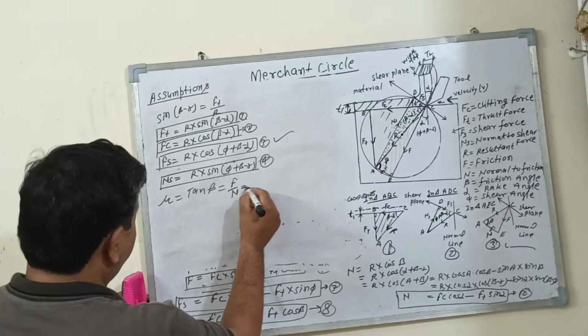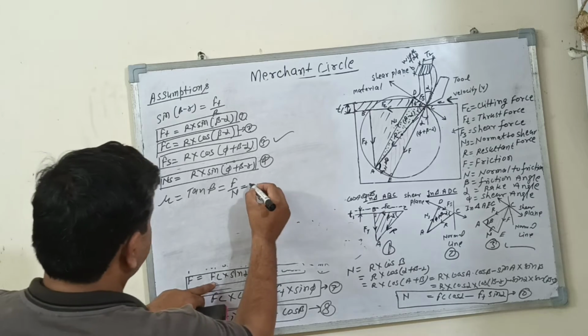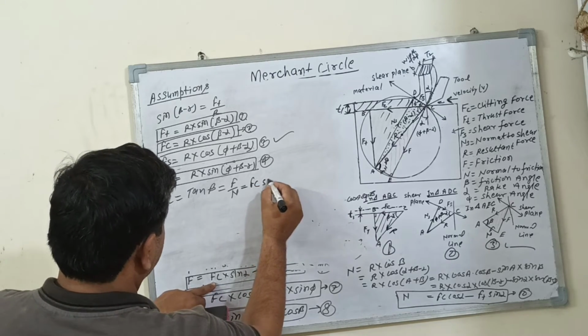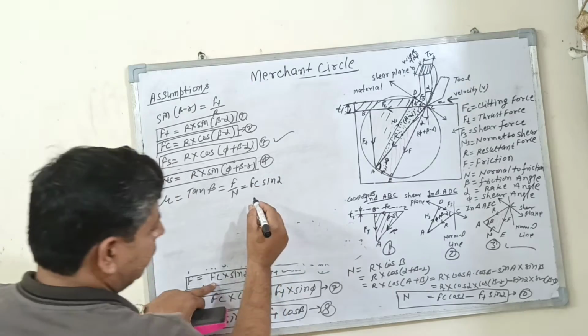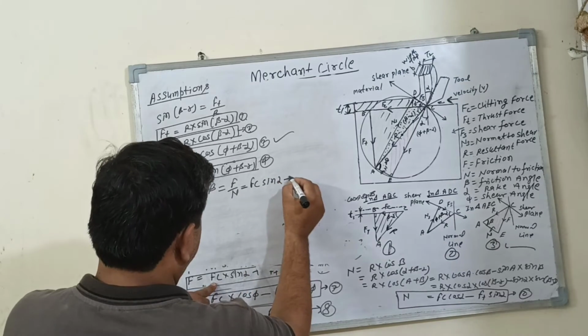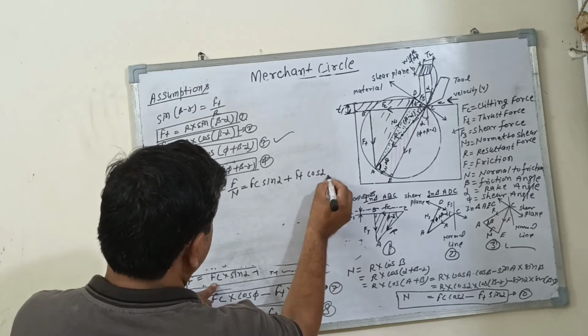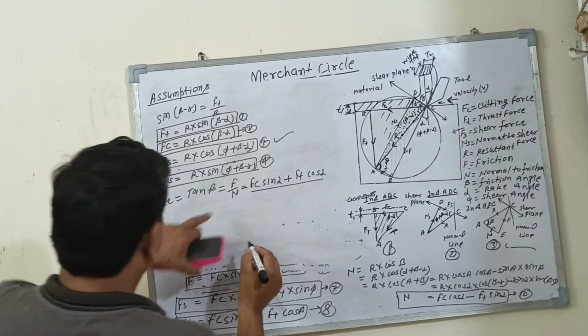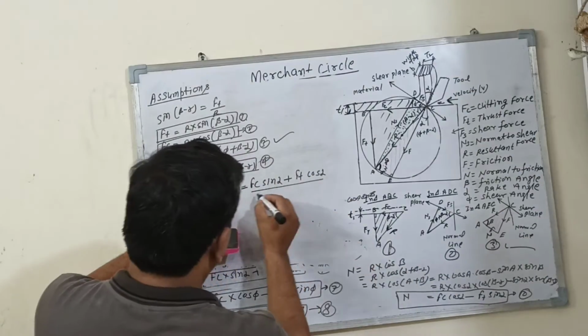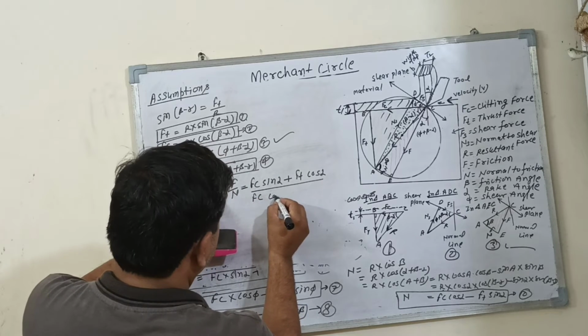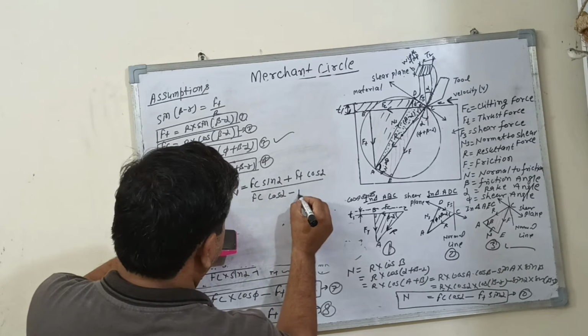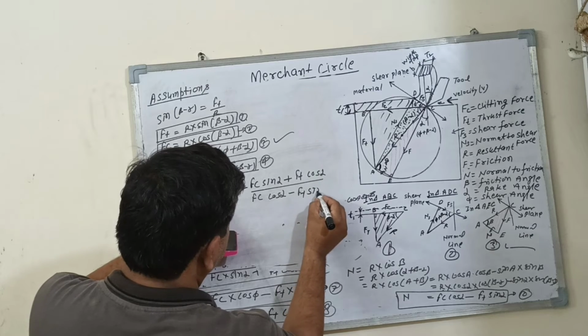This is the value of F: Fc sin alpha plus Ft cos alpha, divided by N. The value of N is here: Fc cos alpha minus Ft sin alpha.